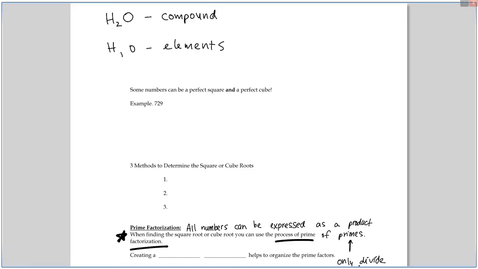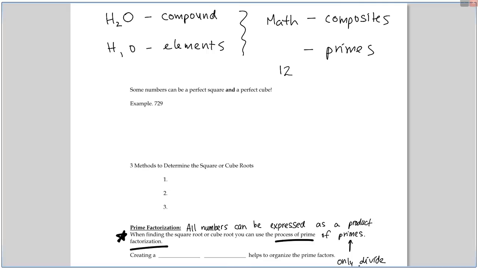I mean, other than atoms, or protons and neutrons and stuff. No. All compounds are made up of elements. So that's chemistry, science, but in math, the compounds are called composites, and the elements are called primes. All composites are made up of primes.